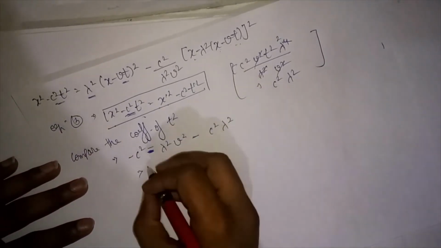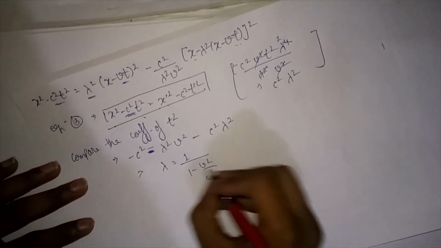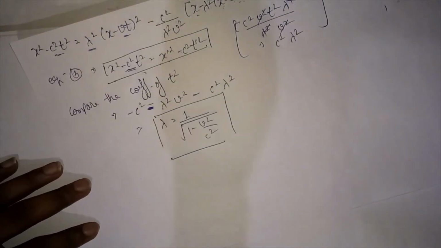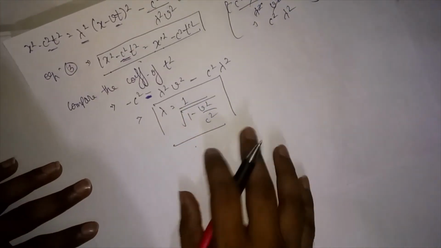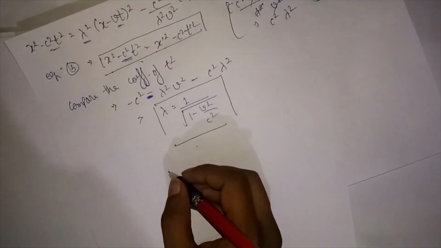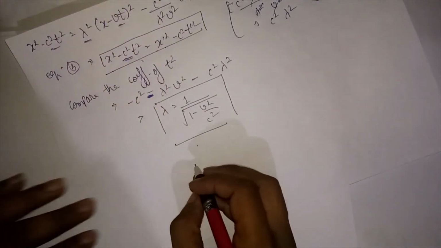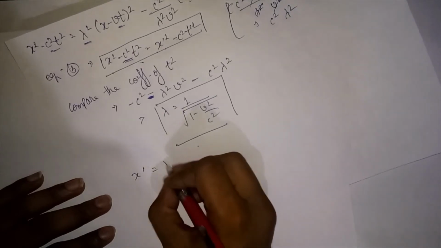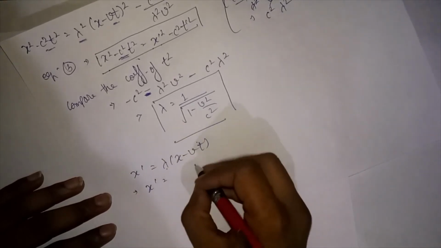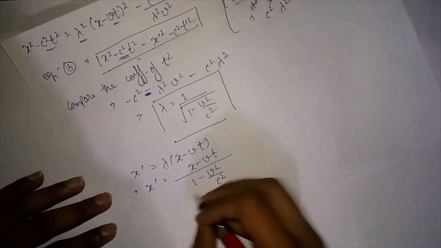Now from this equation we get the value of lambda, which is lambda equals 1 upon under root of 1 minus v square upon c square. Now as we have found the value of lambda, we put this value into the equation of x dash, which is our equation number 4, and we get x dash equals lambda into x minus vt, which implies x dash equals x minus vt upon under root of 1 minus v square upon c square.